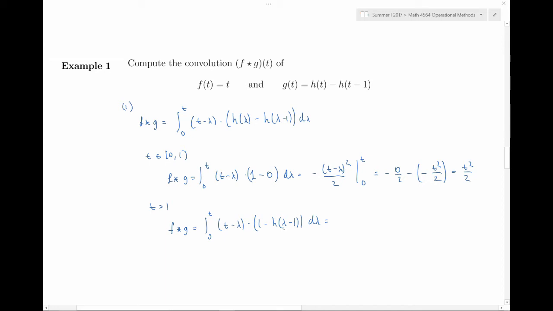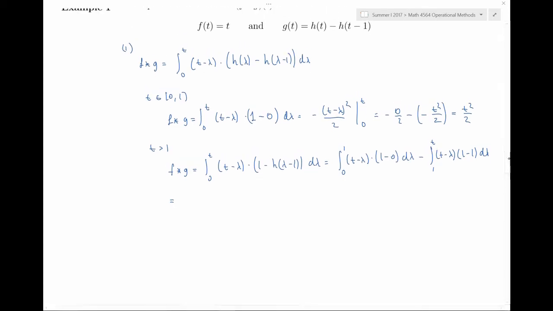Since t is greater than 1, this will always happen inside the integral, so any integration that happens from 1 to t is going to be 0. So it's going to be the integral from 0 to 1 of t minus lambda times 1 minus 0 d lambda, minus the integral from 1 to t of t minus lambda times 1 minus 1. The second integral becomes 0, so we only need to evaluate the first integral.